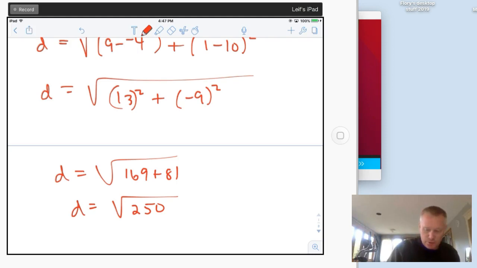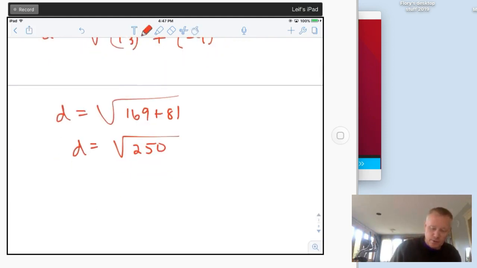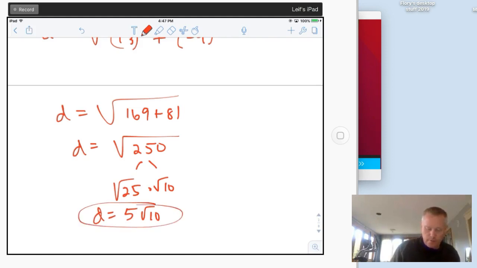So this one should be reduced, especially because that's an easy one to reduce. You know, what goes into 250? Well, 25 and 10 are the easy ones, which means you get 5 root 10, and that would be the distance.